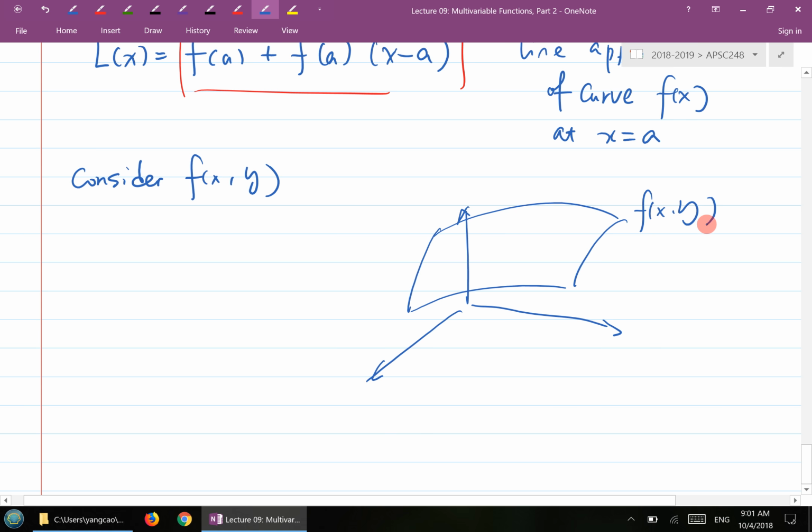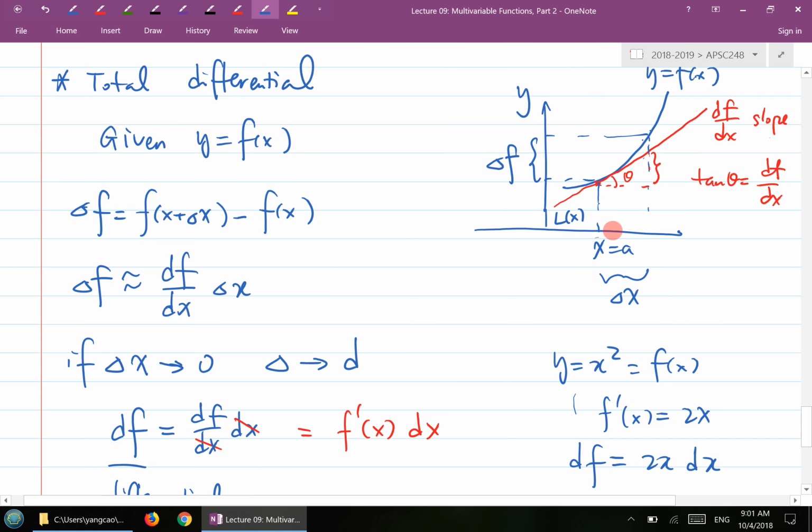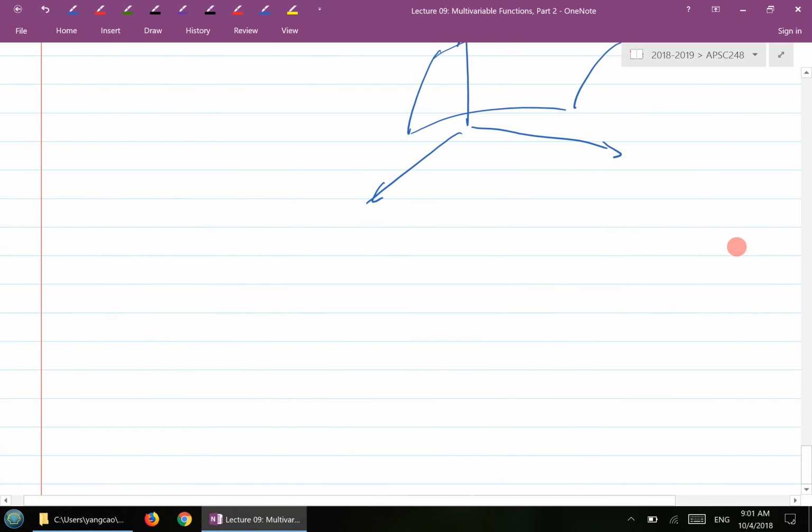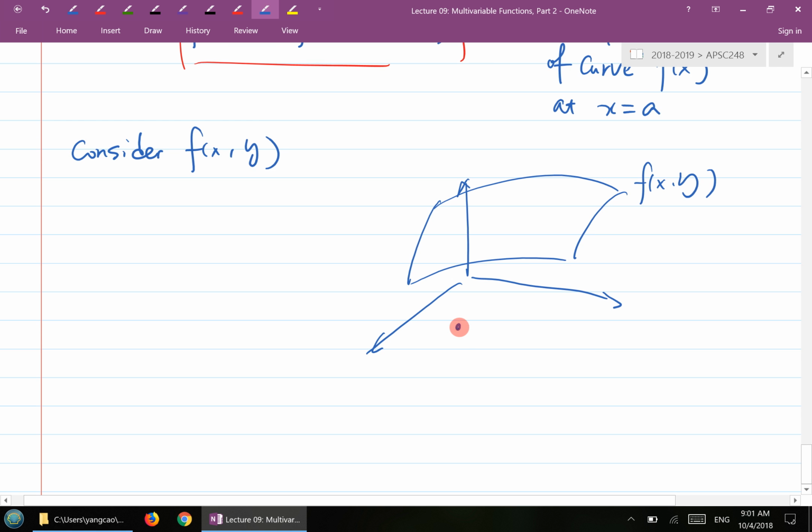Now I'll do a similar analogy. Here we're increasing x equal to a to an adjacent location by a small increment delta x. So I'm going to pick a point here, call it x naught, y naught, for example. Then I will go to the next location, x naught plus delta x, y naught plus delta y.